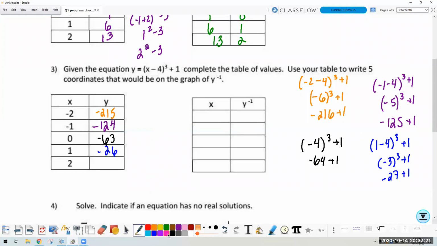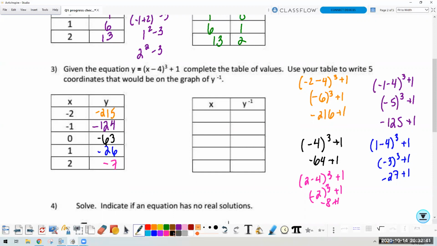And last but not least, 2. That's, it's a cubed. So it's negative 8 plus 1 and negative 7.